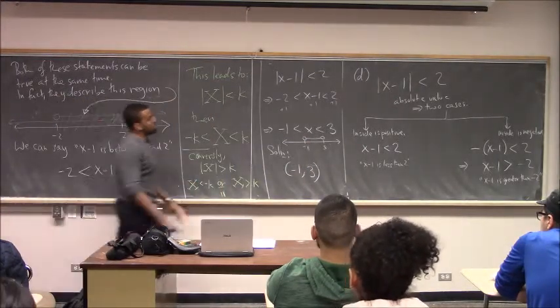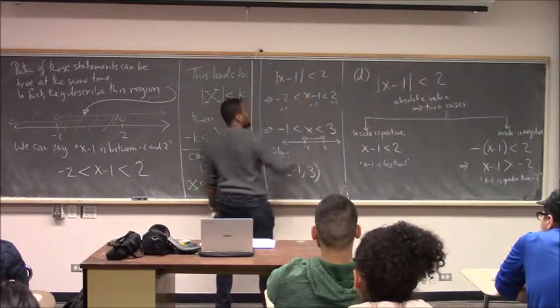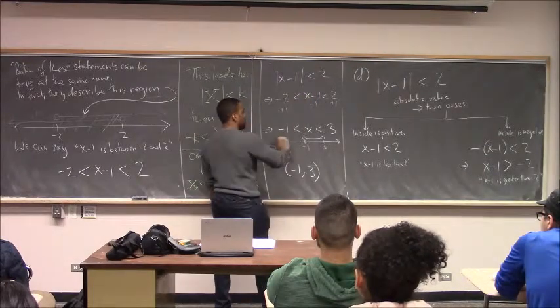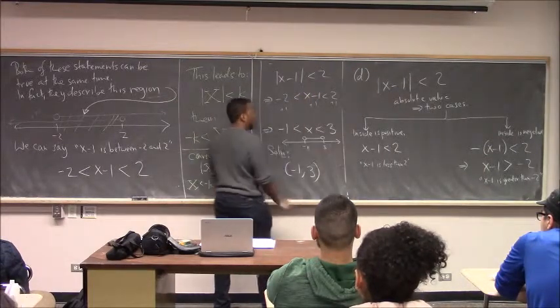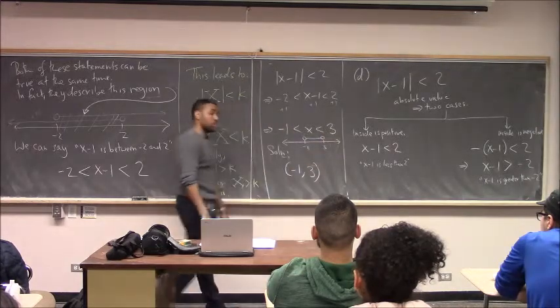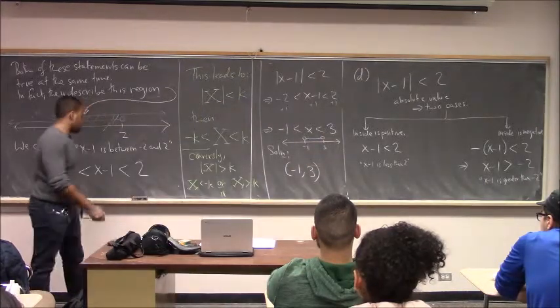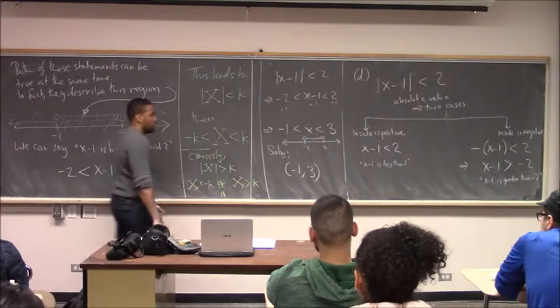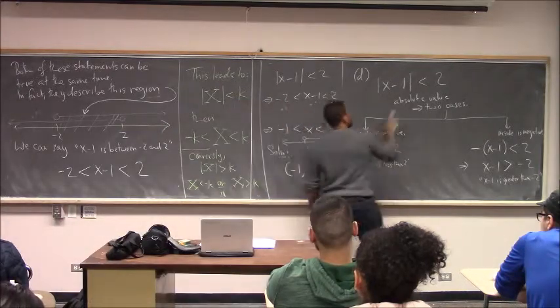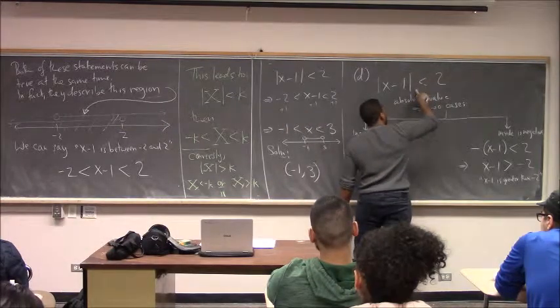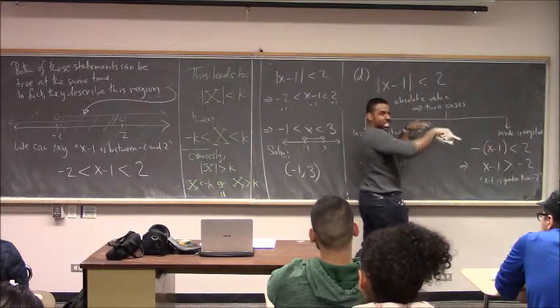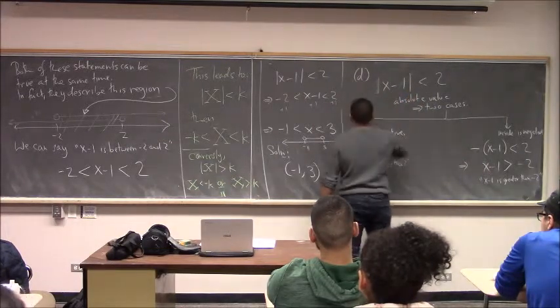And had I turned the sign around, I would say from negative infinity to minus 1 and from 3 to infinity, literally the opposite of this would be the answer. So in a weird way, if someone gave me this one, I'd actually solve the other one and just take the opposite, because computationally it's easy.